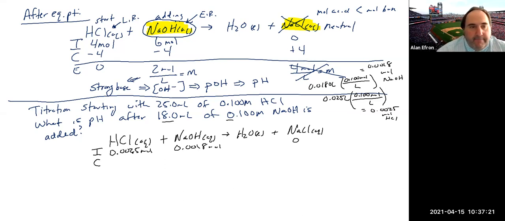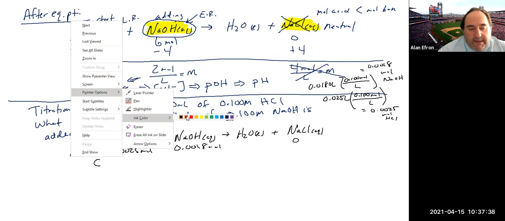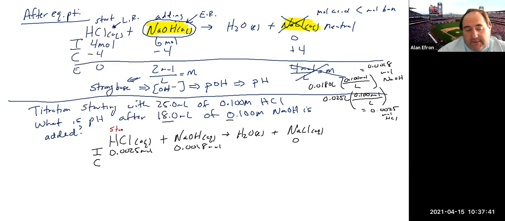Now, a very important thing when you're doing titration problems is to understand where you are in the titration. You can actually use your ICE table to help you determine where you're at. Remember, this is what we started with, and this is what we're adding. If we do a quick comparison of the moles of sodium hydroxide to the moles of HCl that we started with, we can see that the moles of sodium hydroxide is less than the moles of HCl.